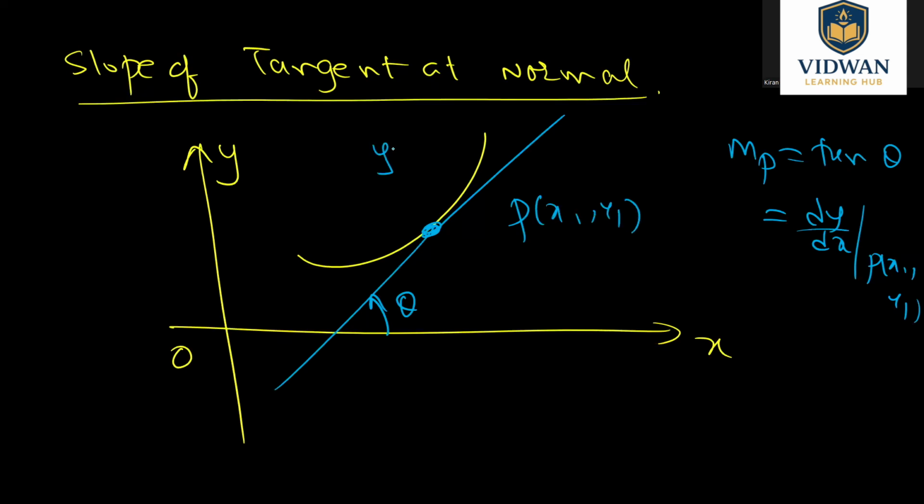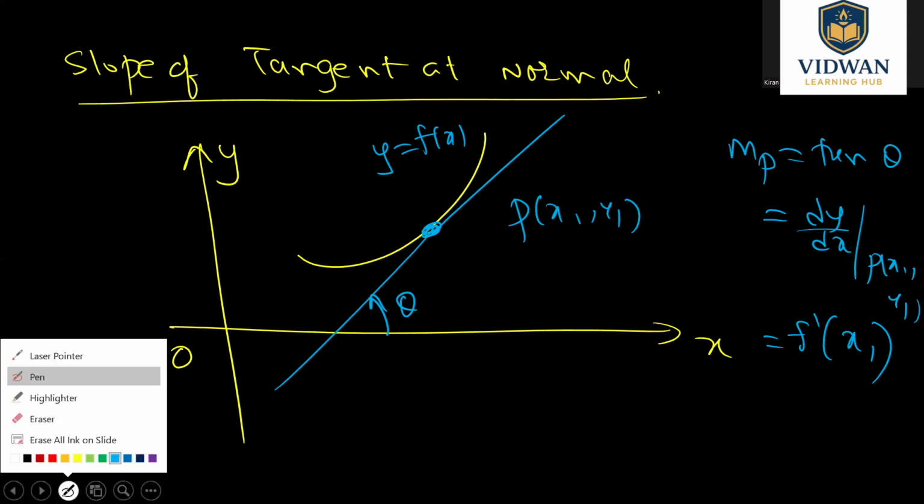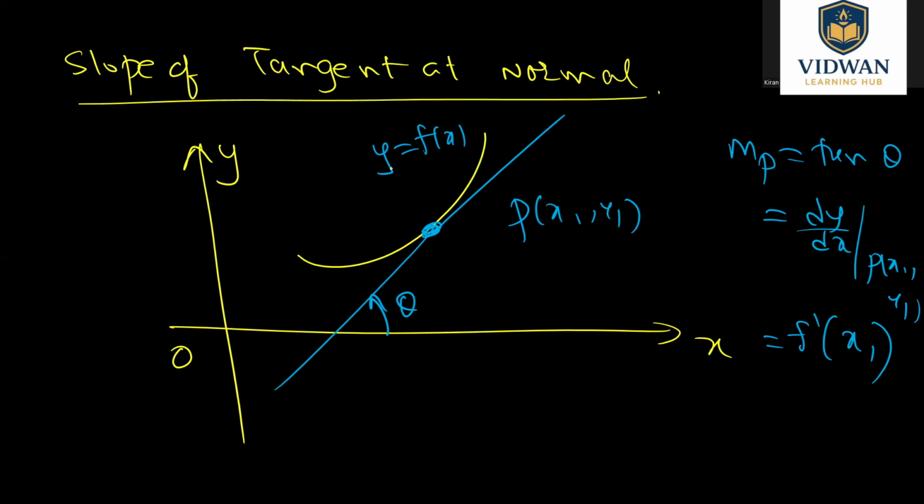So if the curve is y equal to f of x, we know that dy by dx can be written as f dash of x, and when you substitute x as x1, it becomes f dash of x1. So at any point P, x1, y1, if you draw a tangent, the slope is f dash of x1. Similarly, if you draw the normal at the same point perpendicular to this tangent, let's say the tangent meets here at T and the normal meets here at N. PN is called the normal. What is the slope of the normal at P?